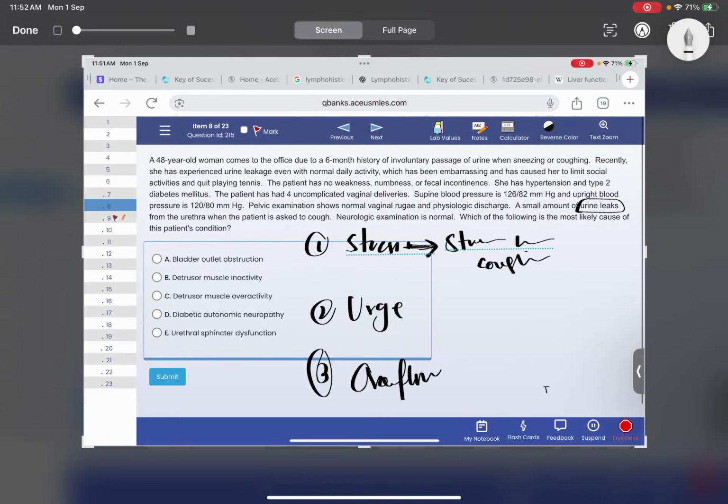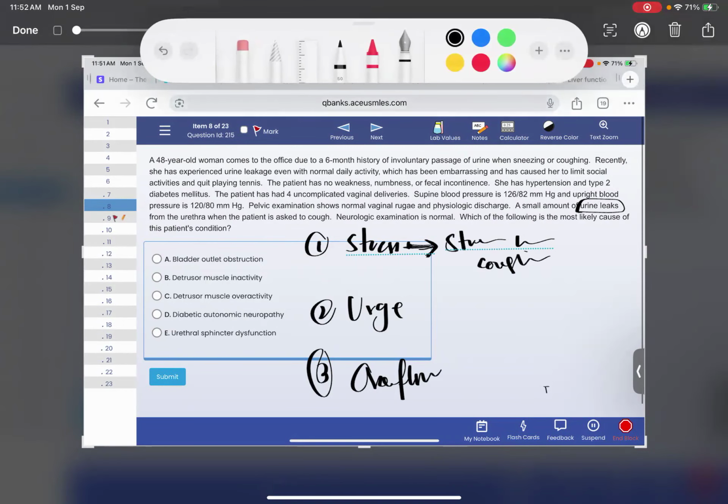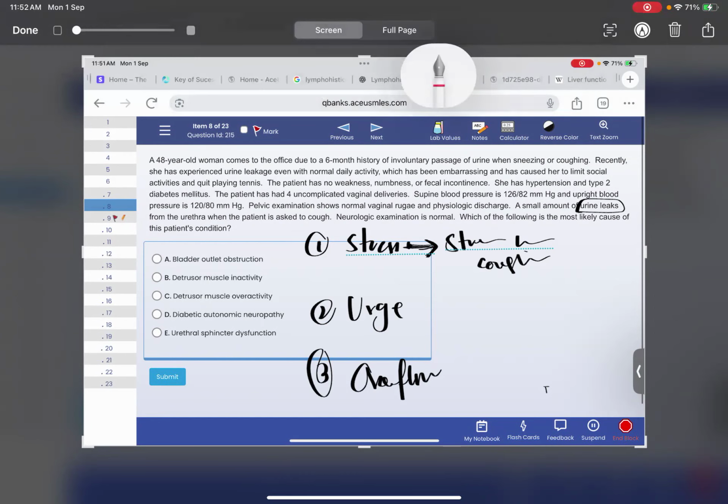Why does a normal healthy patient with increased abdominal pressure not have the problem of incontinence? In stress incontinence, the reason is urethral hypermobility, or the sphincters are relaxed or the tone is decreased.